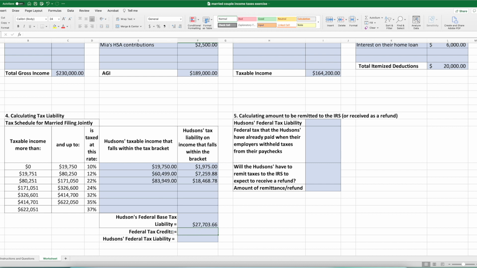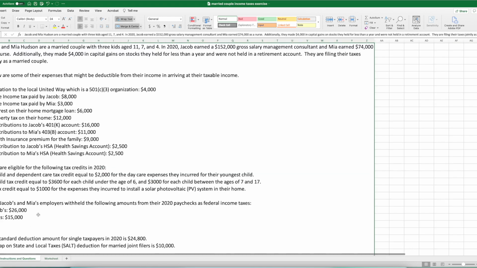You'll recall that tax credits are something that are granted by tax law. There are hundreds of different kinds of tax credits, and you have to take tax credits that you are eligible for, and we are told that the Hudsons are eligible for the following tax credits. So they're eligible for a child and dependent care tax credit equal to $2,000 for the daycare expenses they incurred for their youngest child.